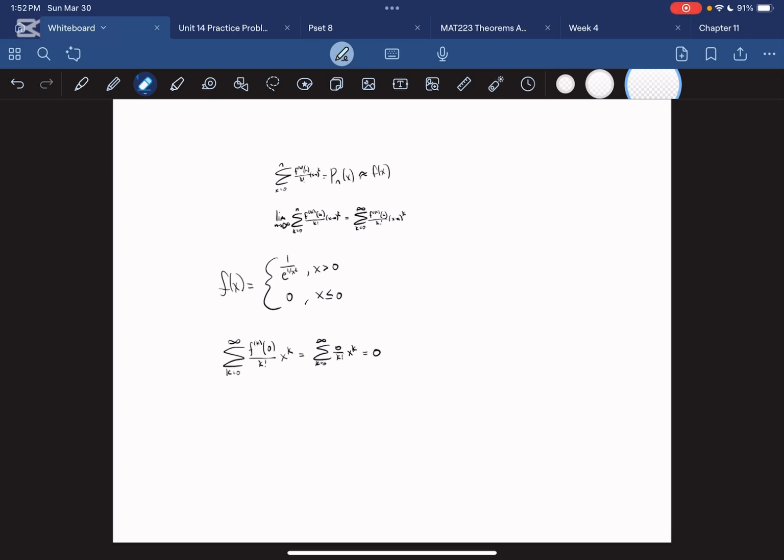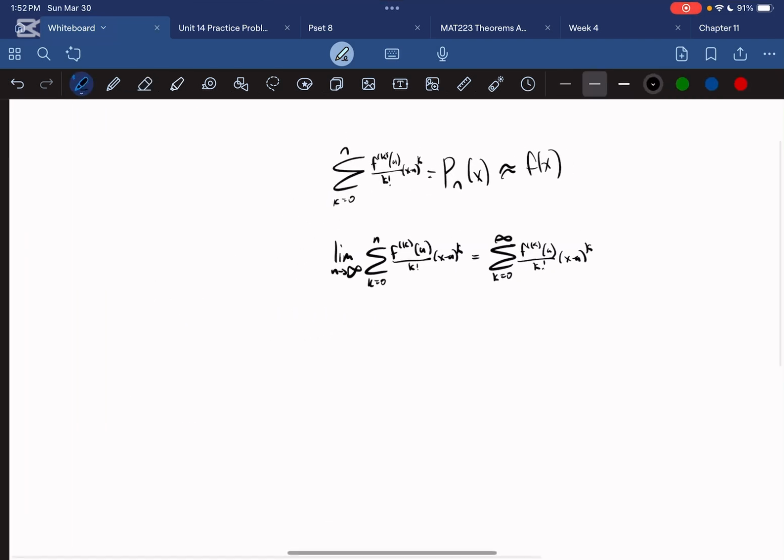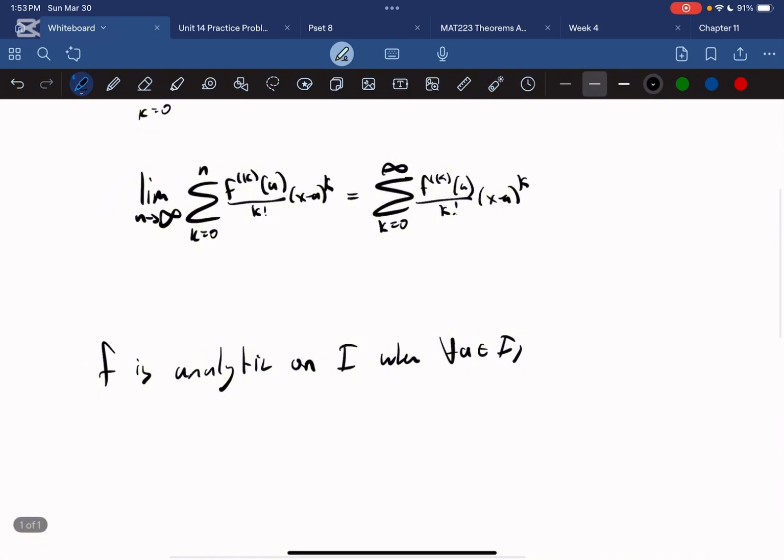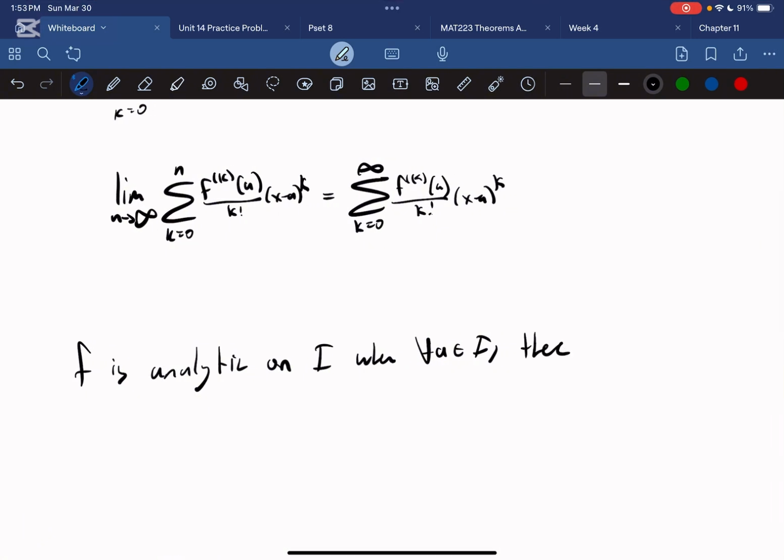For some interval, like an arbitrarily small interval, I'll just write out the formal definition. F is analytic on I when there is a delta greater than 0.